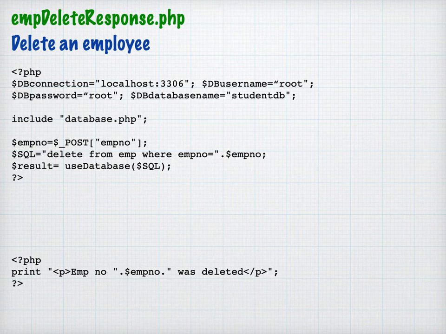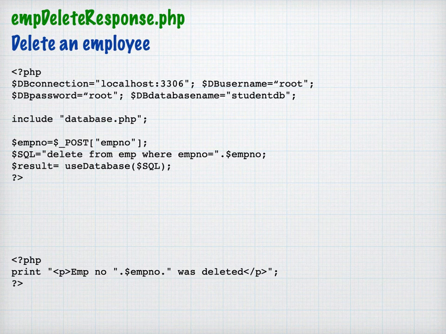So 405 was the value that came through into the emp number field. We construct our SQL, delete from emp where emp number equals 405, and send that off to the database using the use database line. We get a result back, and down the bottom we're not actually bothered about the result. All we want to do is send a message to the user that basically says we've done it, we've deleted person number 405.